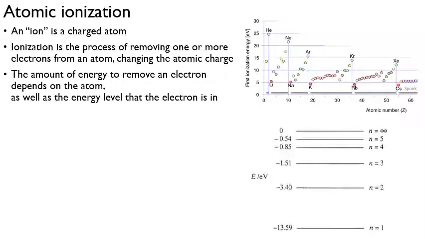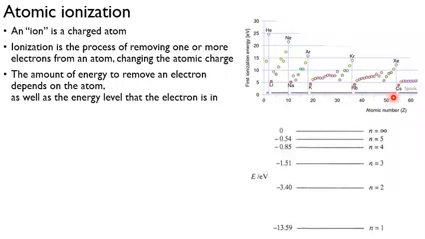So the amount of energy that it costs to remove an electron is going to, first off, depend on the atom. So here we're looking at removing the most bound electron from a given atom. That's the vertical direction on this graph, versus the atomic number, so the number of protons in the nucleus.